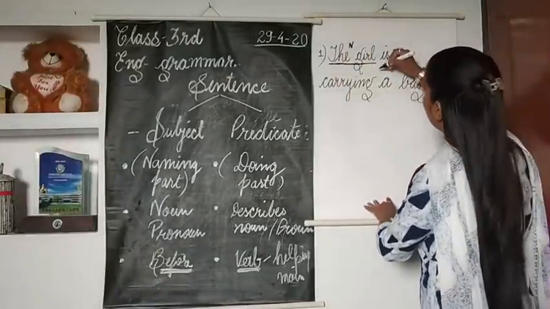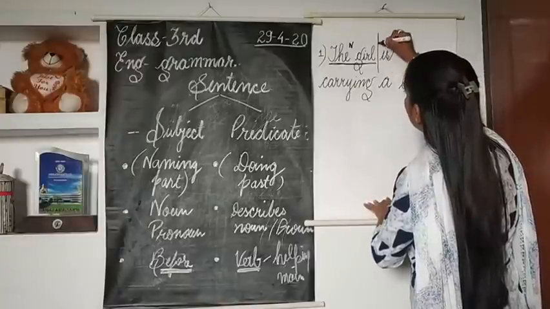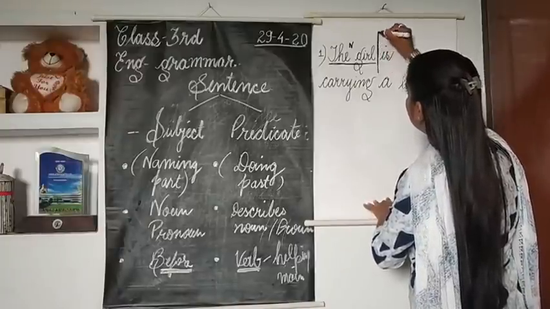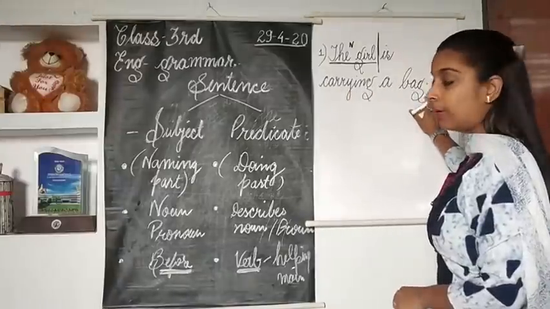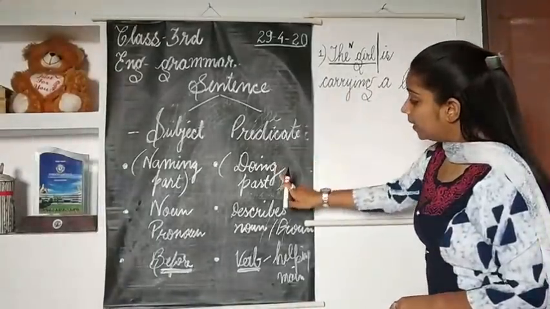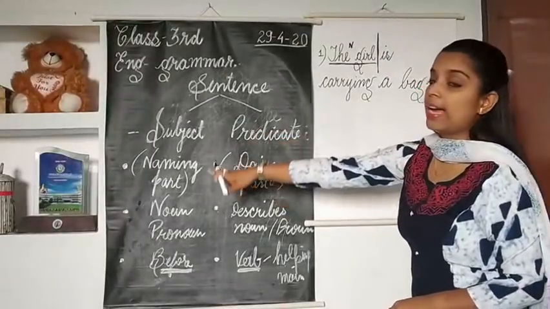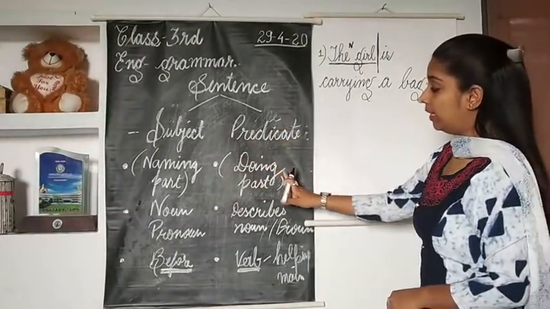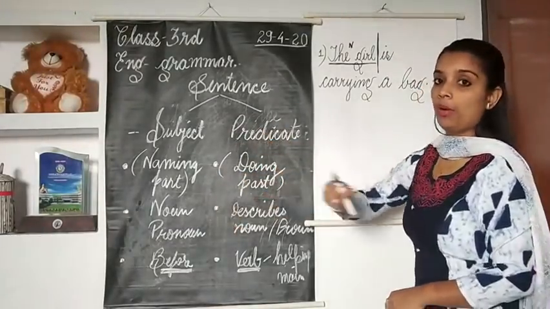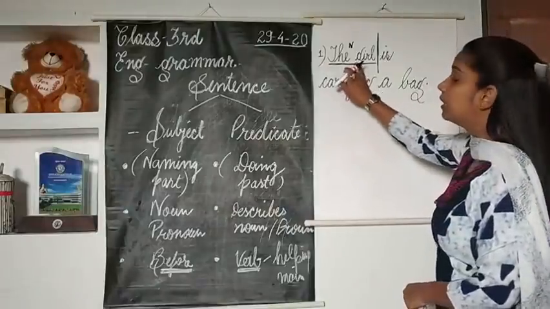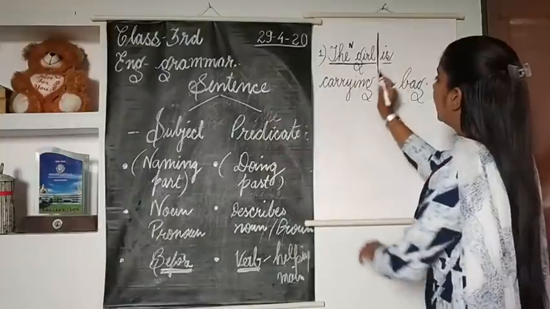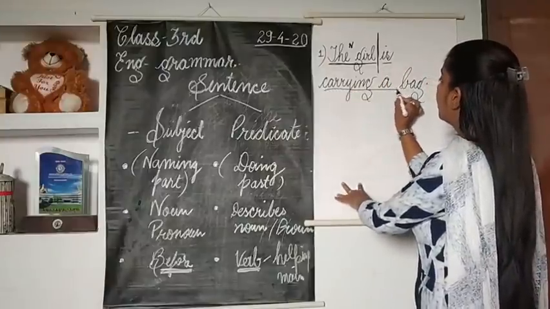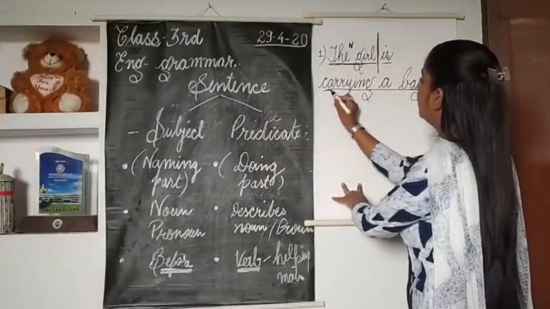And the second part of this sentence is carrying a bag. Predicate is the doing part. It describes the naming part, or it describes the noun or pronoun. So here, if the girl is a noun, this part of the sentence, is carrying a bag, is describing the girl.